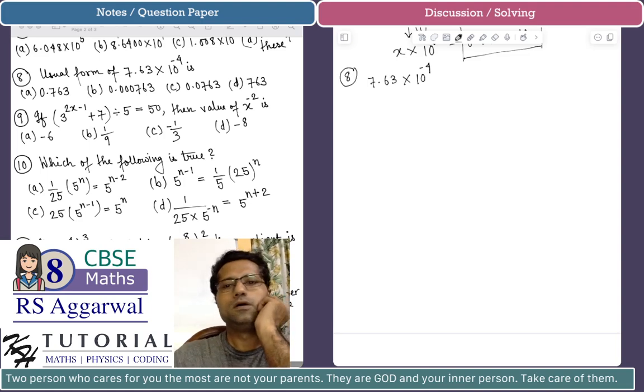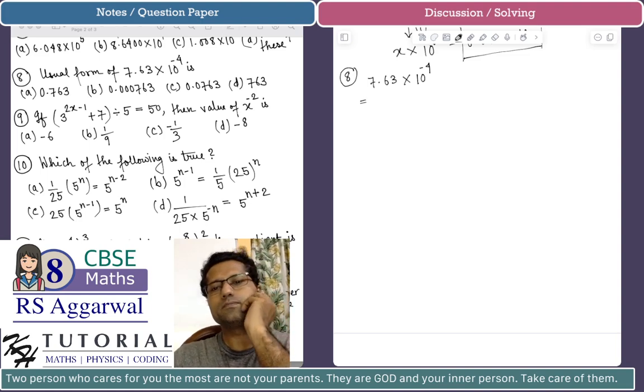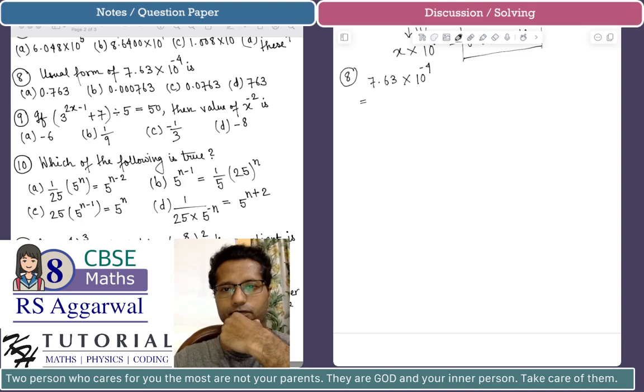Okay. Now, how do we do this? We will have a power of 10, and the power of 10 could be positive or negative. In this case, it is negative, so the number in usual form will be a very small number. So for 7.63, first you convert this decimal number into fraction form so that the denominator will be a power of 10.